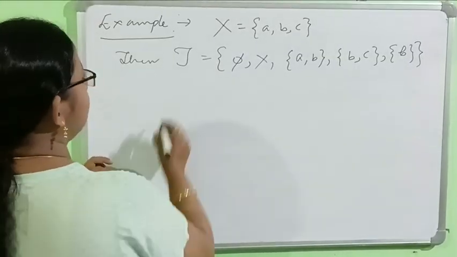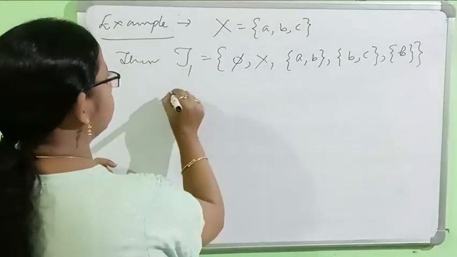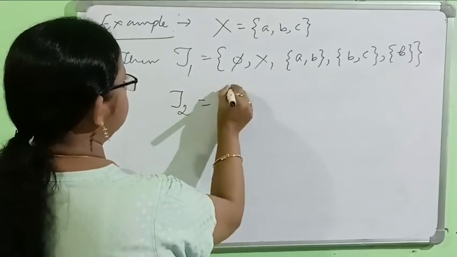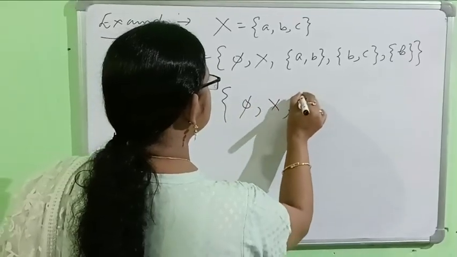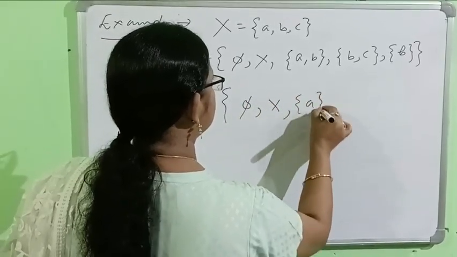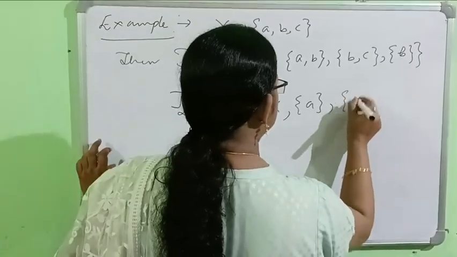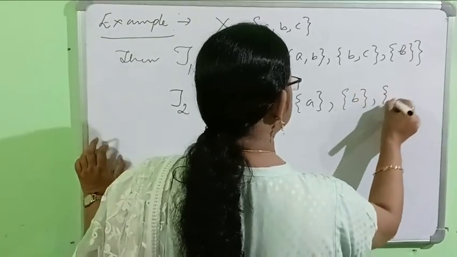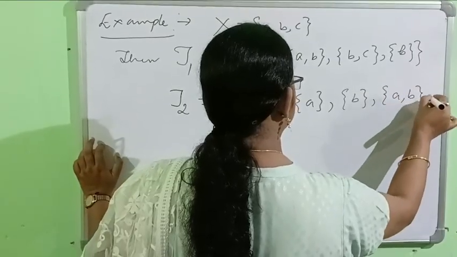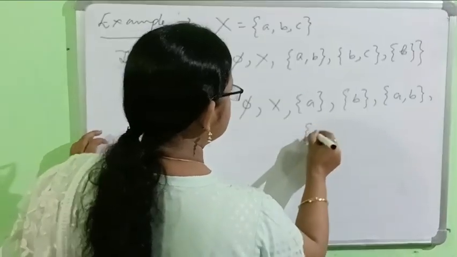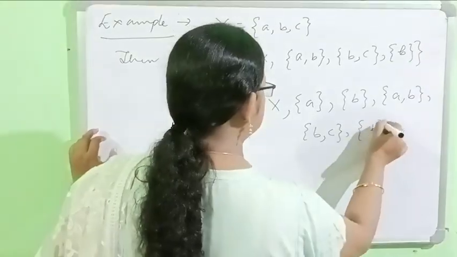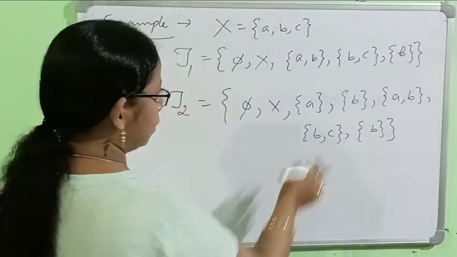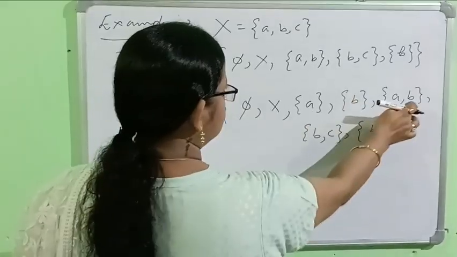Okay. Next, consider this as T1. Then again, consider T. T will be {phi, X, {a, b}, {b, c}, {b}}. The union of these two elements is this one.